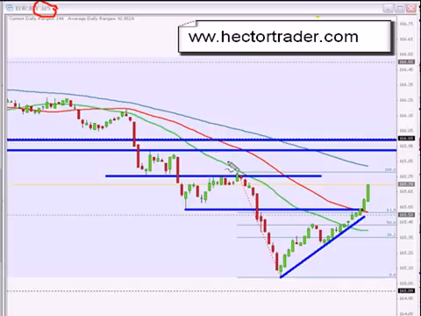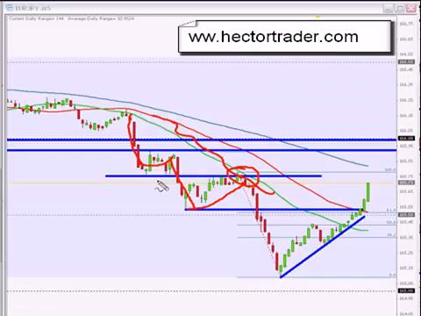Have a look here. Moving averages all pointing down, clearly trending markets to the downside. Price swings down, retraces back to the dynamic area of support with a confluence of elements.